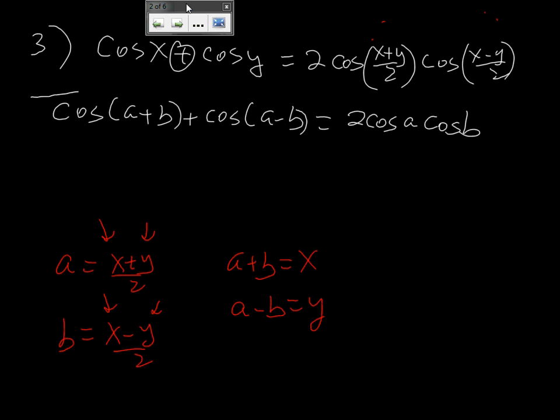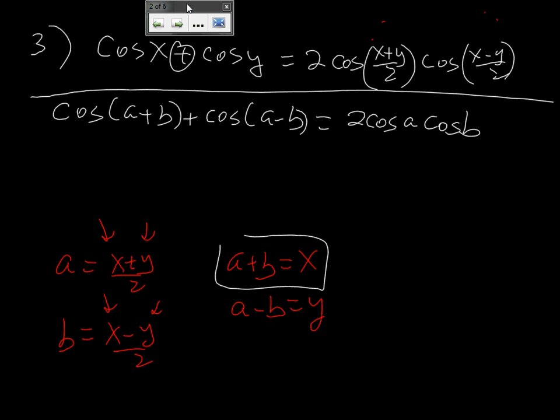So now, here's my work. I wrote down this identity below that white line, and A plus B is x, so this will be cosine of x, plus A minus B is y, this is cosine of y, starting to look exactly like the left.